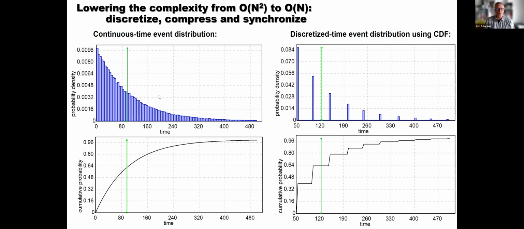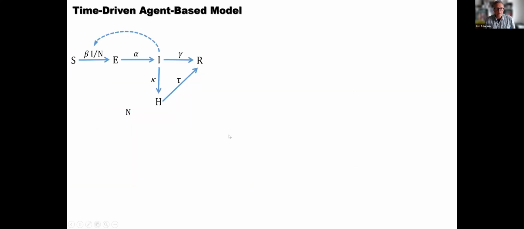So what we will do is move from a continuous time event distribution to a discrete time event distribution. We only allow transitions to take place at regular time points, but now it will not just possibly be one person that changes state, there can be several persons that change state.